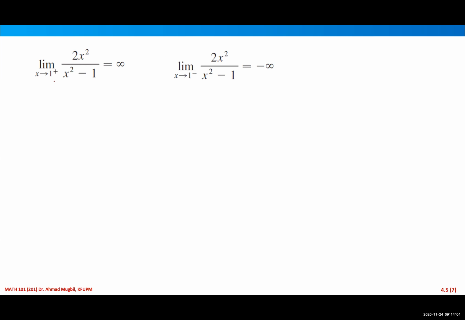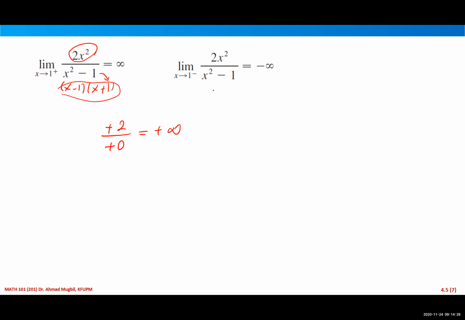If x goes to 1 from the right, it is greater than 1. The denominator is x minus 1 times x plus 1. When x is greater than 1, this will be positive, and this is already positive, so it will be 2 over positive 0.